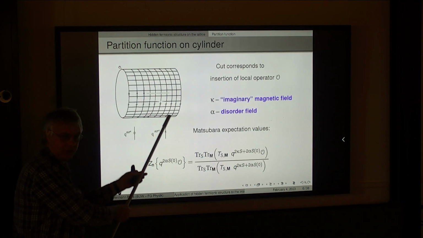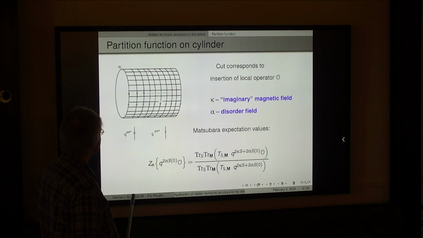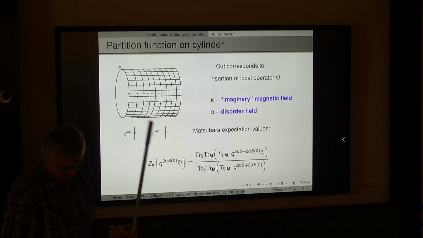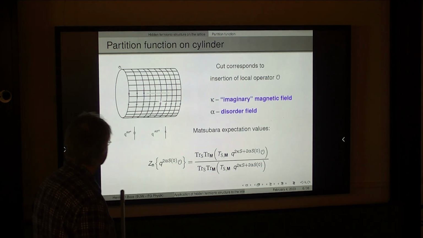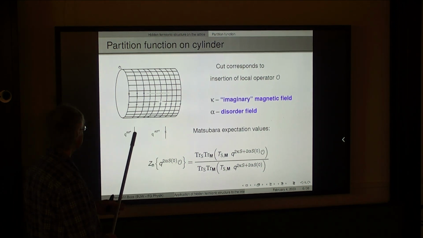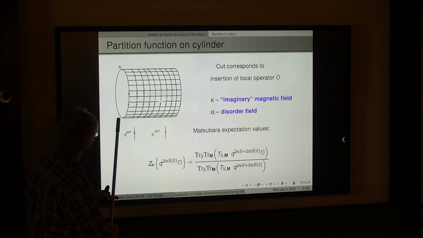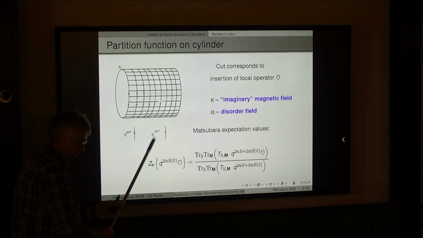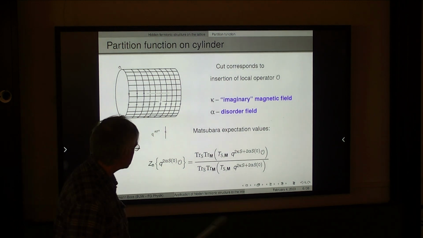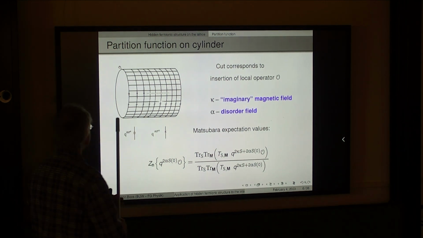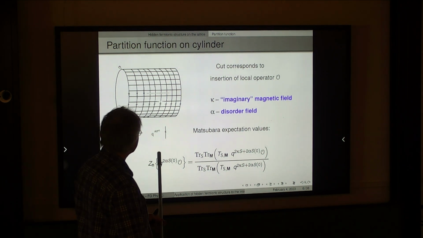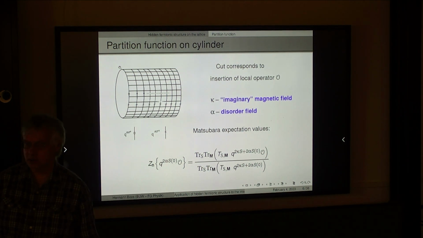So this is the partition function on a cylinder. We actually wrap the 6-vertex model onto the cylinder, and the cylinder is supposed to be infinite in this direction, which is for us a kind of special direction, and this direction will be for us Matsubara. Sorry, is your tail going in the horizontal direction?